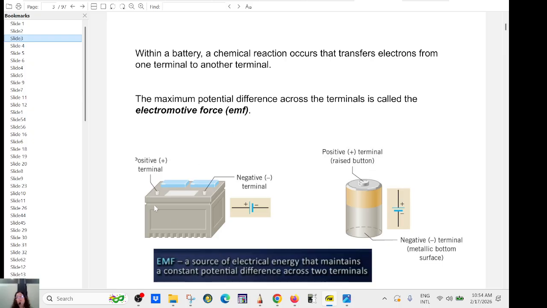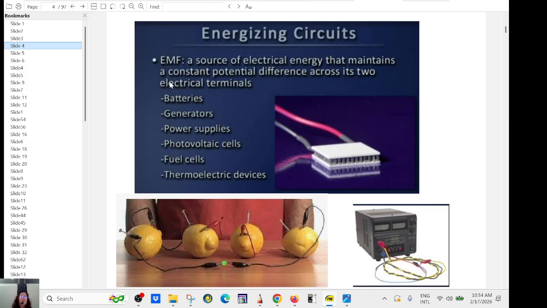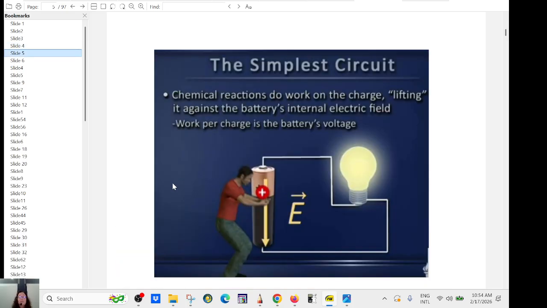If you measure the voltage across a power supply, that's what we call the EMF. So you can get an EMF from a battery, from the outlet, from a voltaic cell, fuel cell, and all kinds of devices.